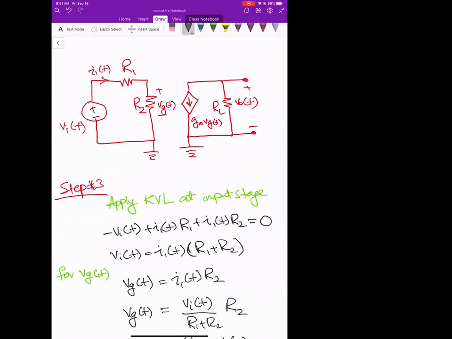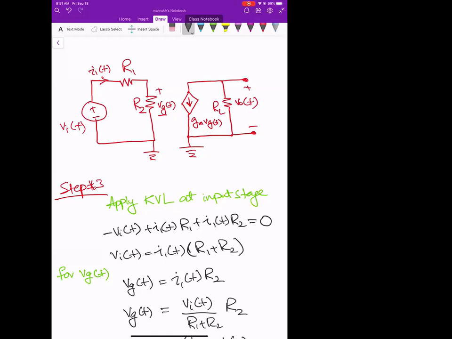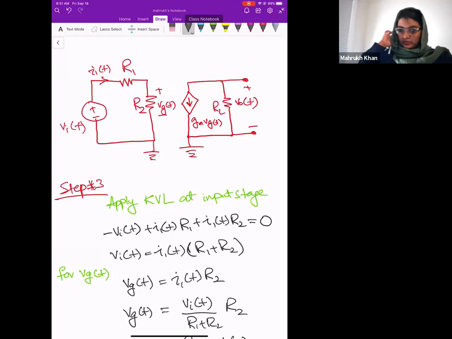Any idea? I mean, a rough guess. Yes, go ahead. The current source, gm Vg of t times RL. Yes, that's true. But what should be the sign? Would it be negative? The current is going towards the negative side of it. Yes, it should be negative. Yes, you're right.